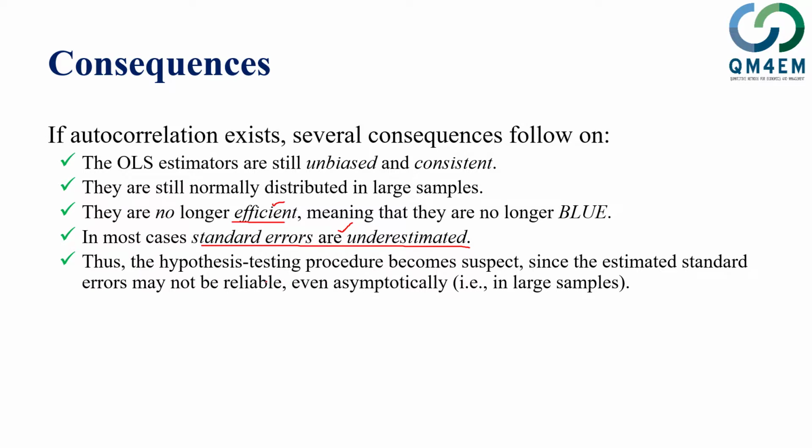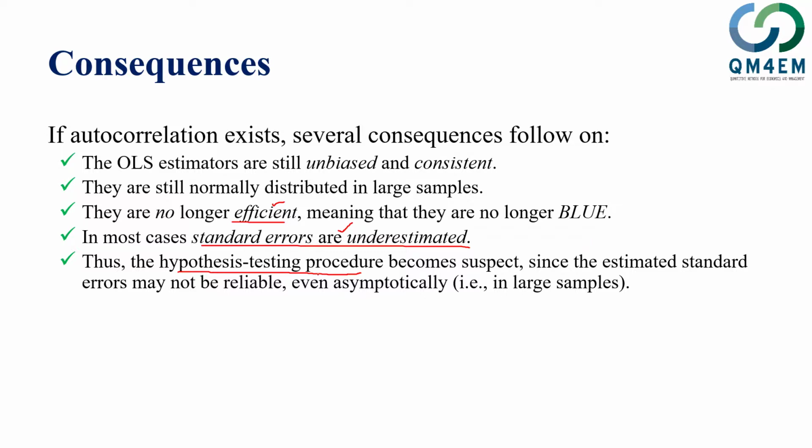So what will be the result of these points? This affects your hypothesis testing procedure, because when the estimated standard errors are not reliable, you start doubting the hypothesis testing procedure.